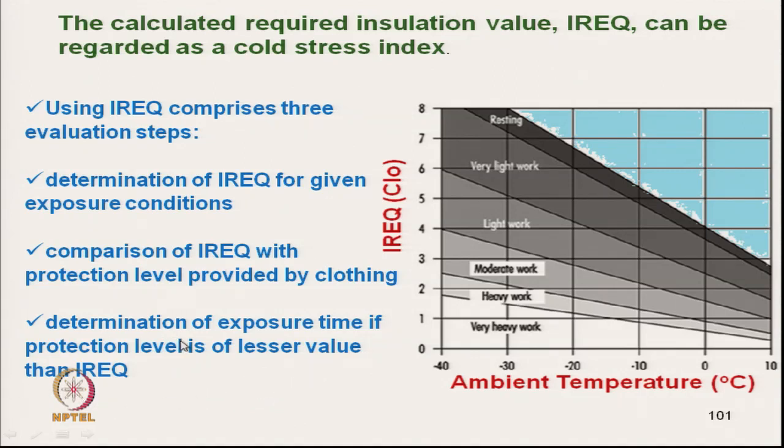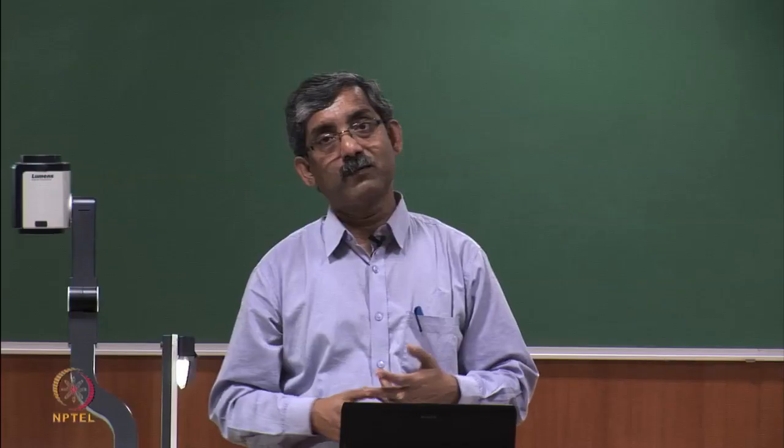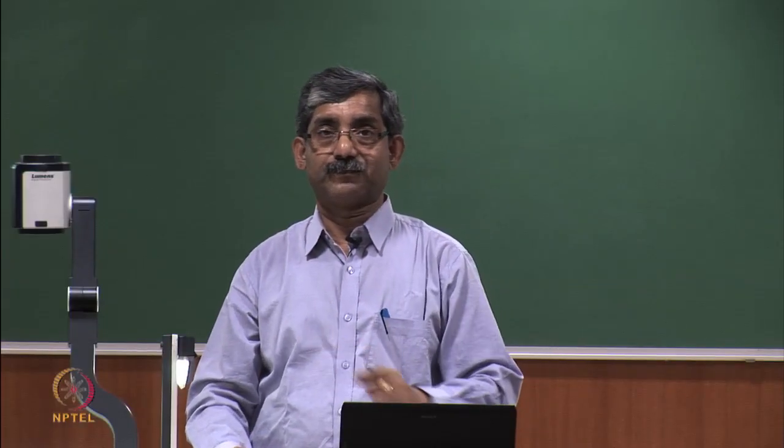That means if our clothing protection level is less, suppose we need an IREQ value of 4 but we have clothing with a 3.5 clo value, in that case we have to know the exposure time. If the exposure time is short, then we can use it a little more safely, but if the exposure time is very long, then we should not take any risk.